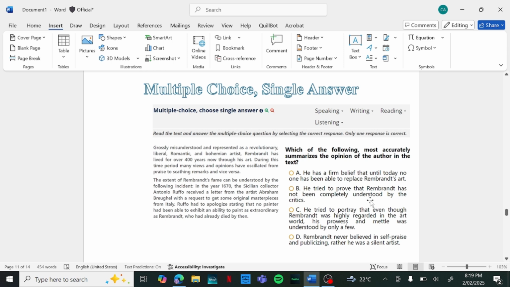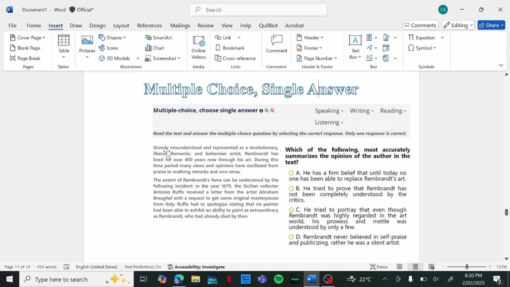Now let's move on to the next one. He tried to prove that Rembrandt has not been completely understood by critics. Now let's scan through and see if there's a part where it mentions critics. In this place, it didn't say critics explicitly, but it used a different term to describe them.